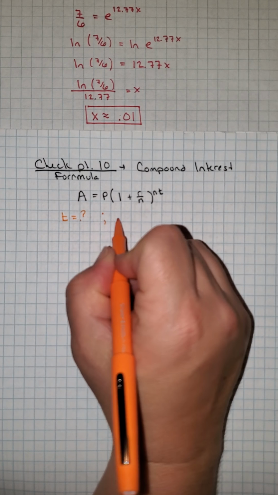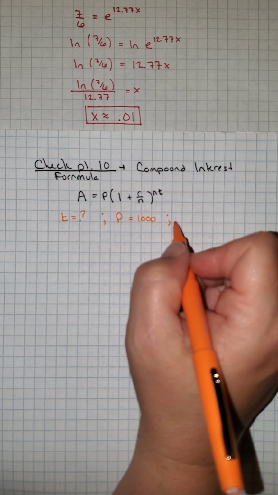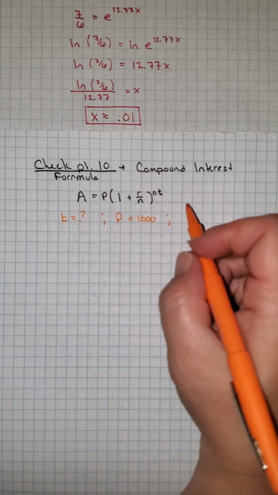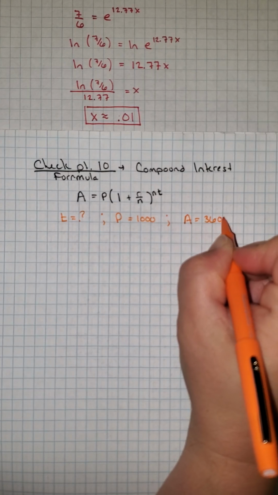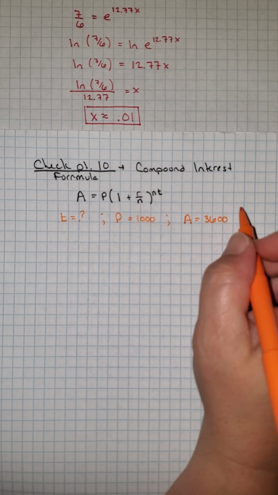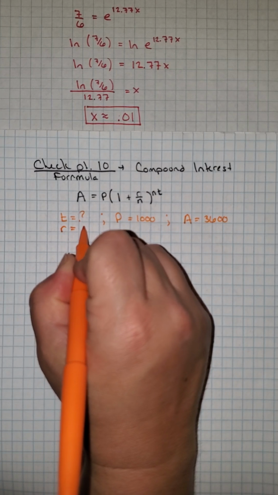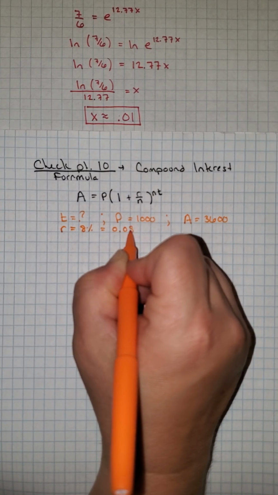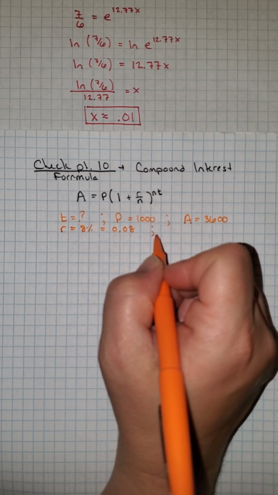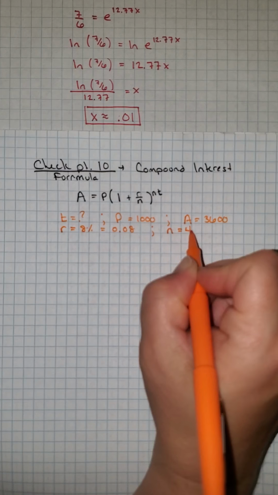That's our P. To grow to $3,600? That's our A. At 8% annual interest. So 8%, which will convert to 0.08. Compounded quarterly, so N equals 4.